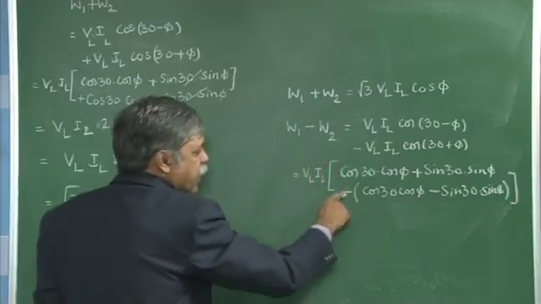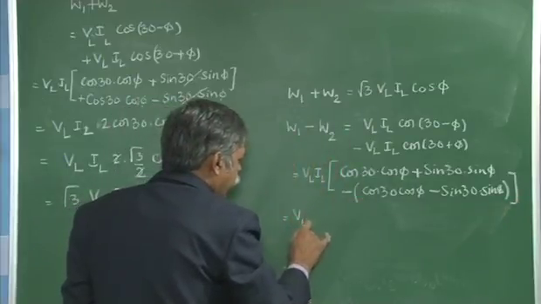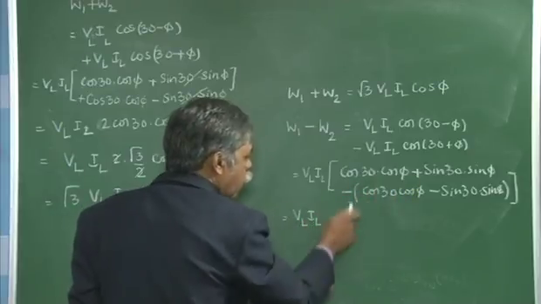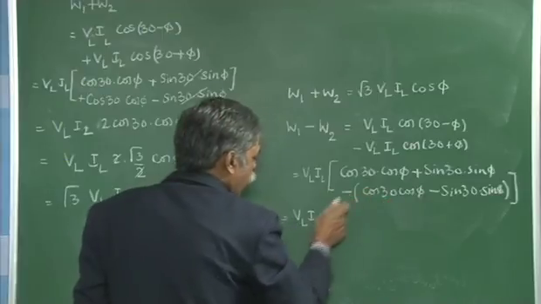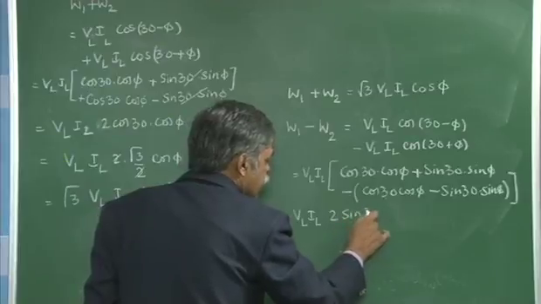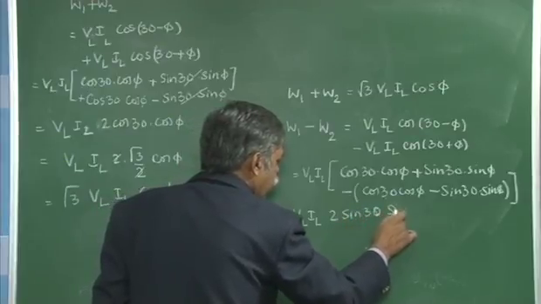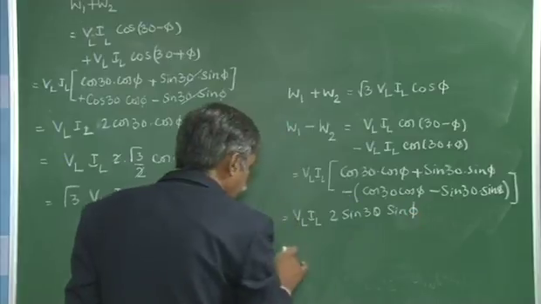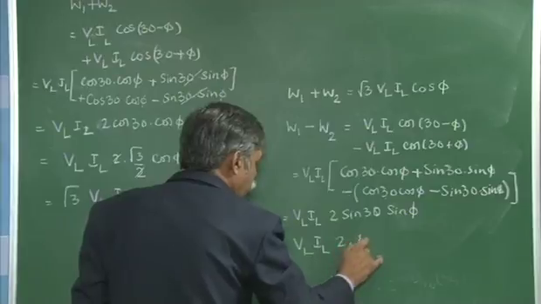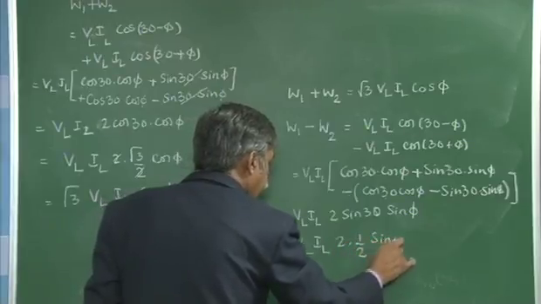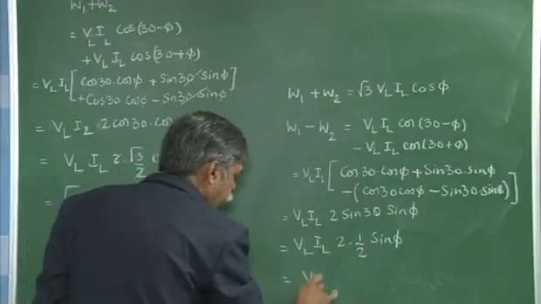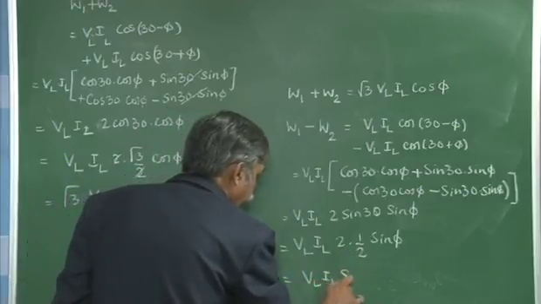With the minus sign, opening the brackets, the positive cos 30 cos phi and the negative cos 30 cos phi cancel. I will be getting 2 sin 30 sin phi. Sin 30 is half, so VL IL times 2 multiplied by 1 by 2 sin phi. Therefore I can cancel the 2 and write VL IL sin phi.